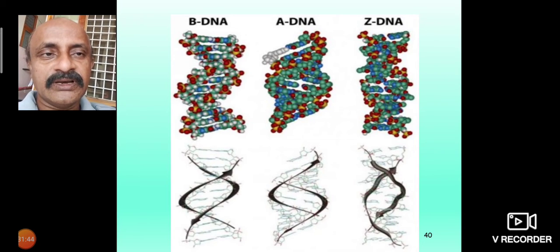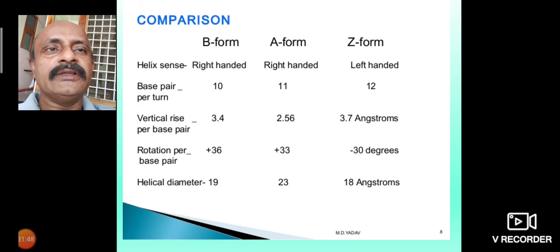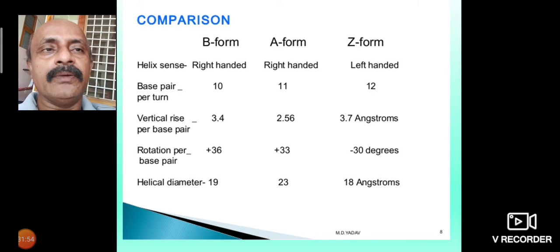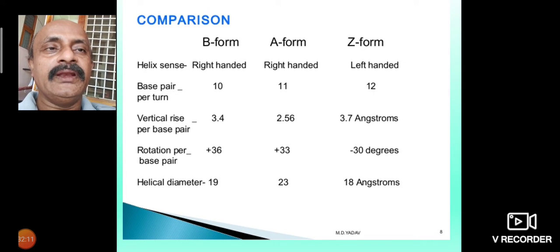These figures are structurally different when comparing the B form, A form, and Z form. The helix sense is right-handed for B form and A form, and left-handed for Z form. Only Z DNA is left-handed. Base pairs per turn: B form 10, A form 11, Z form 12.